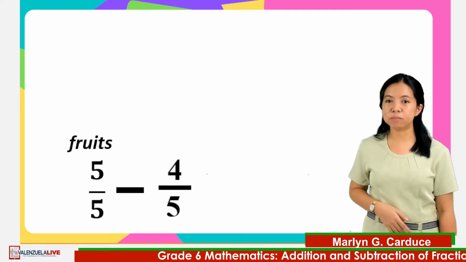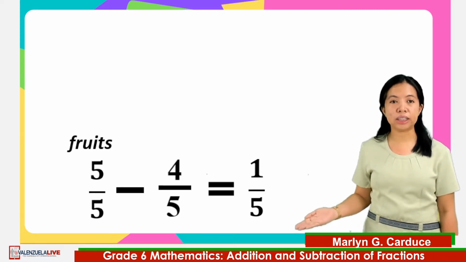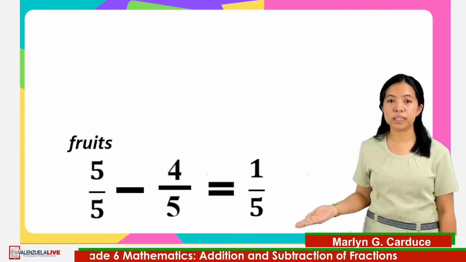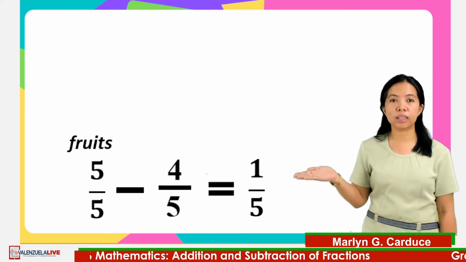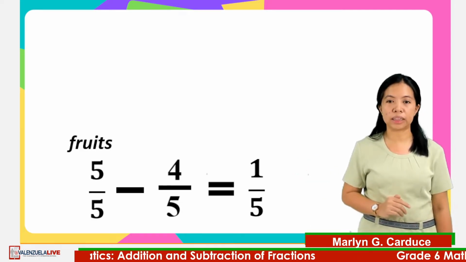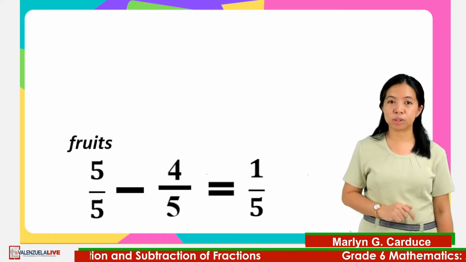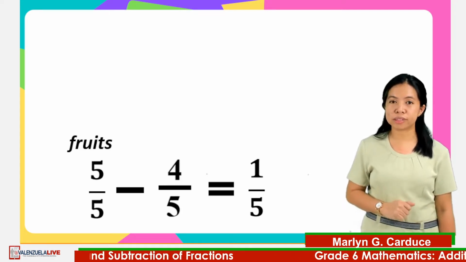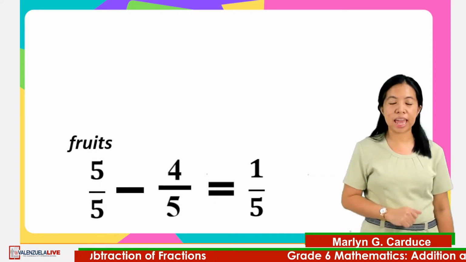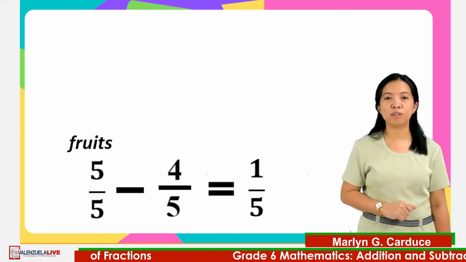Using the same steps earlier, let us copy the common denominator 5 and then subtract the numerators. 5 minus 4 equals 1. And we get the same answer, which is 1/5, or 1/5 of the fruits are bananas. And that is how we add and subtract similar fractions.